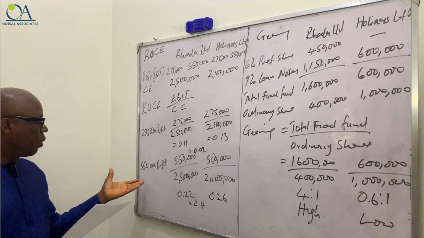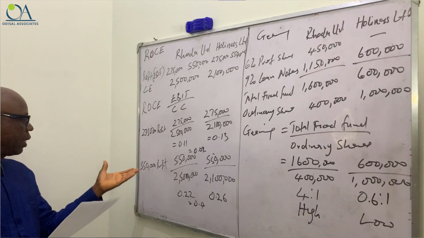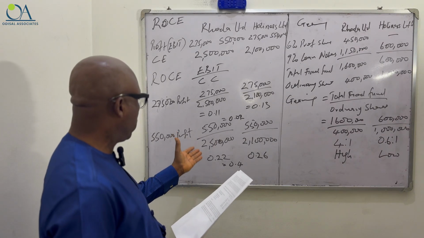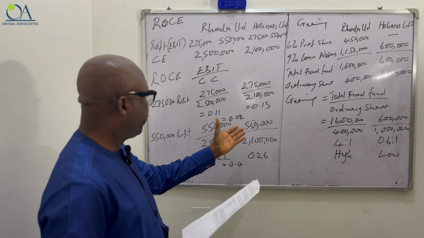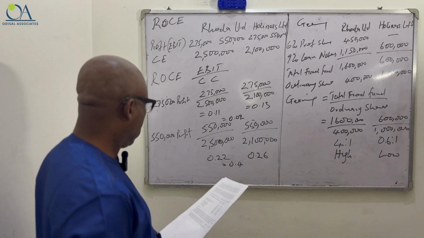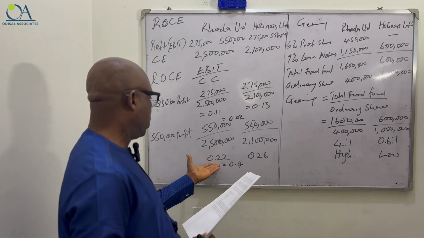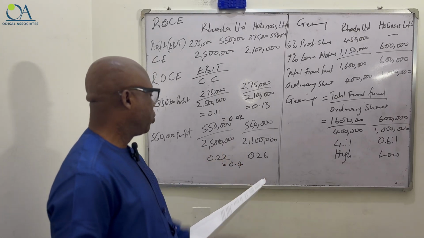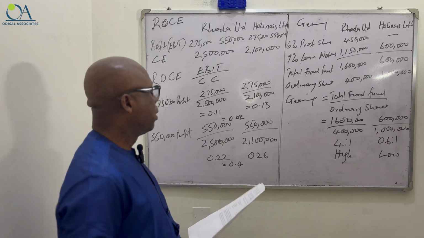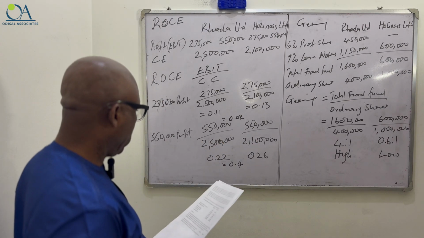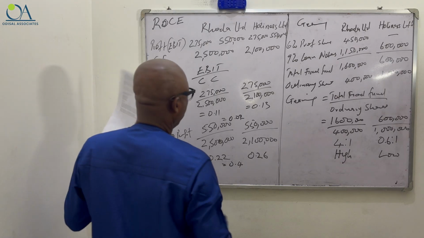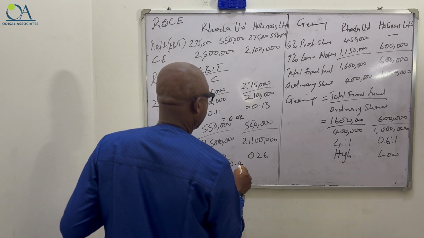The second scenario is 550,000 naira profit, where we say 550,000 over 2.5 million and 550,000 over 2.1 million, as the case may be. The answer gives us 0.22 and 0.26, which is 22% and 26%. If you look at it, there is a difference of 0.04%.